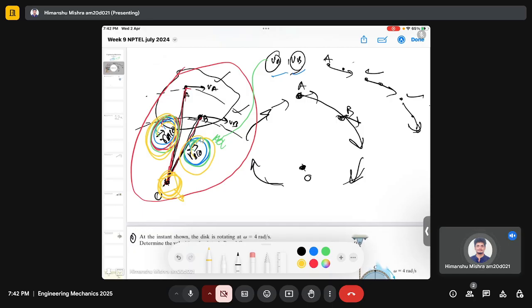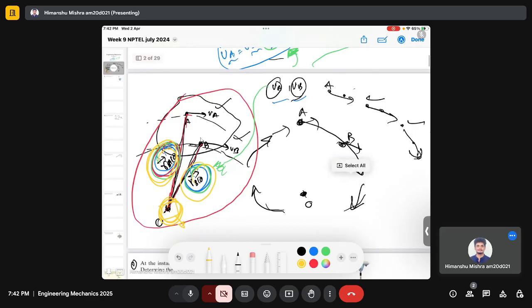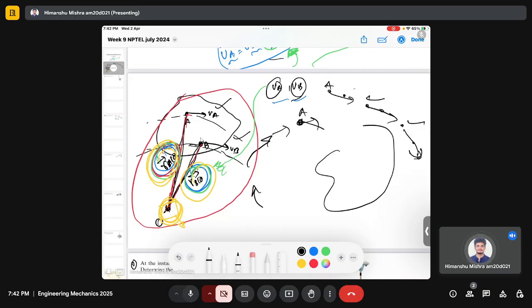So for example, let's say this is our body, this is our point A, and this is our point B, moving with velocity VA. Now both are moving in opposite directions with some magnitudes, VA and VB. So what should be the instantaneous center in this case? As we discussed, the instantaneous center should always be normal to the velocity vector.